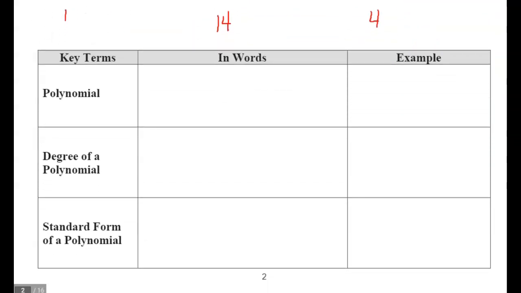Okay, a couple more vocab words. So now we have a polynomial, which instead of a monomial, the root word means 1, polynomial means many. So we would have 2 or more terms added or subtracted.